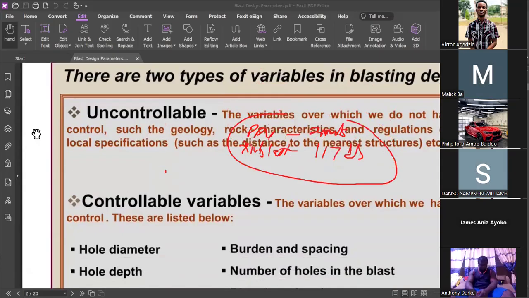We have those that we cannot control. For instance, the geology of the formation, you cannot control that one. I hope we are all aware of that. The rock characteristics, you cannot control them.